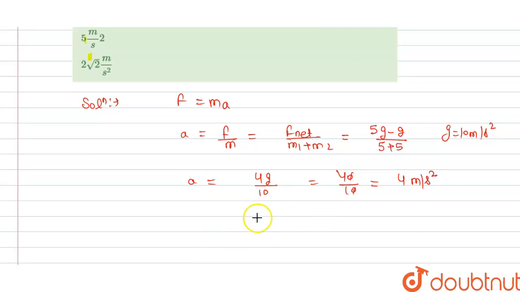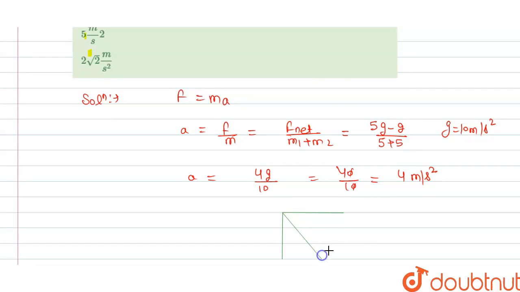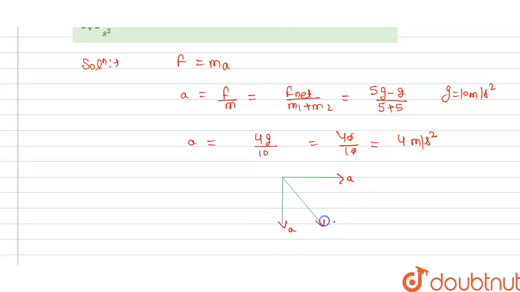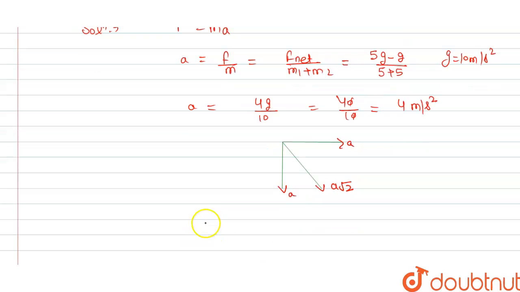And now for the acceleration of the center of mass: if this is our acceleration acting in this direction, and this, then the center of mass acceleration is a under root 2. So we can say that acceleration of center of mass equals mass 1 multiplied by acceleration 1, plus mass 2 multiplied by acceleration 2, divided by mass 1 plus mass 2.